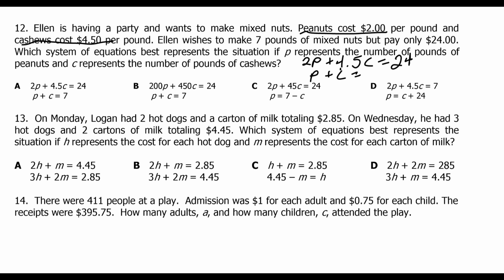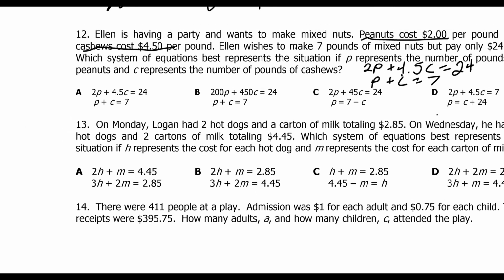Let's see which of our answer choices actually lines up with that. So we got 2P plus 4.5C equals 24, and P plus C equals 7. That lines up with what we're doing exactly, okay? But it's always a good idea to go back and double check the other answer choices. Now, answer choice B has us paying $200 and $450 for peanuts and cashews.